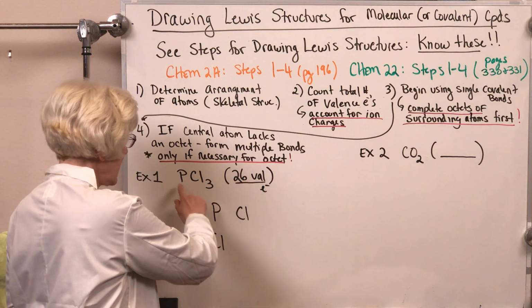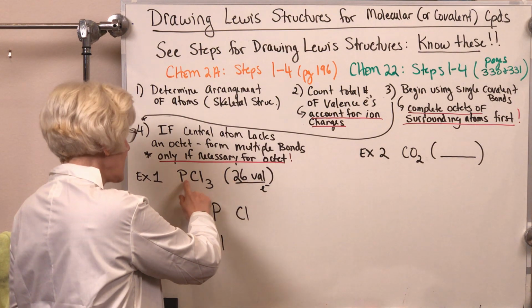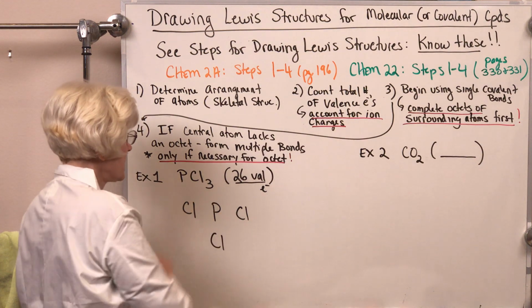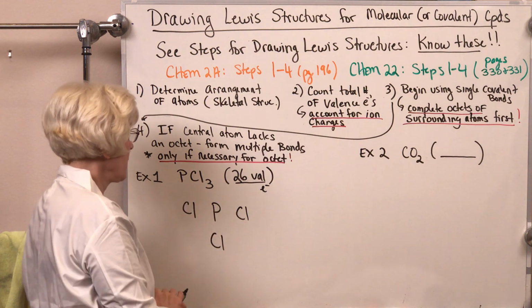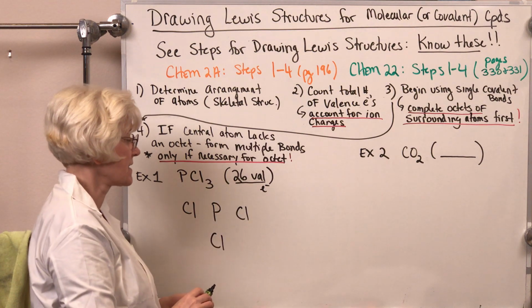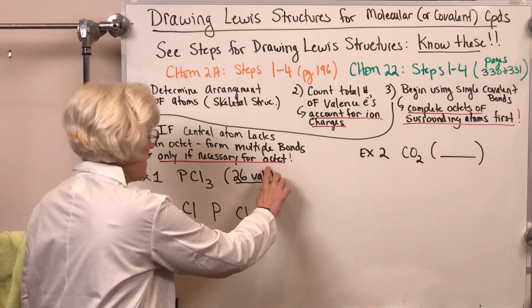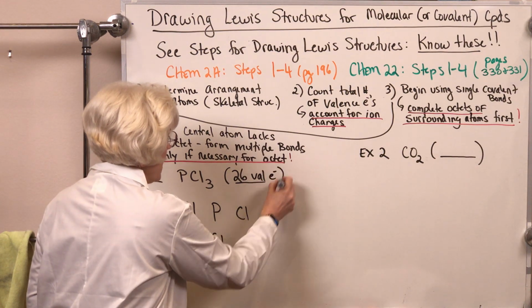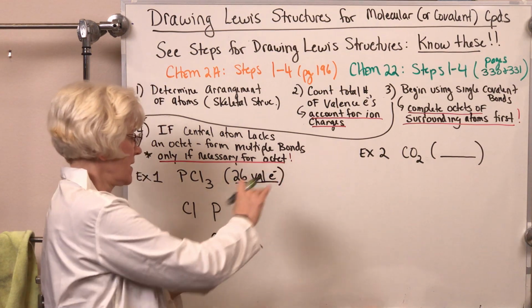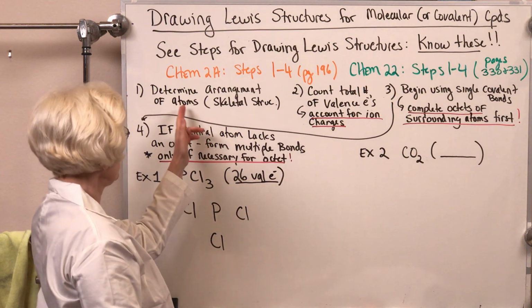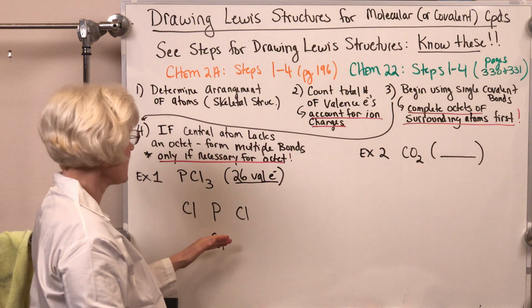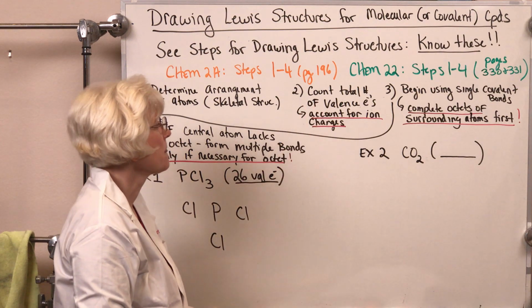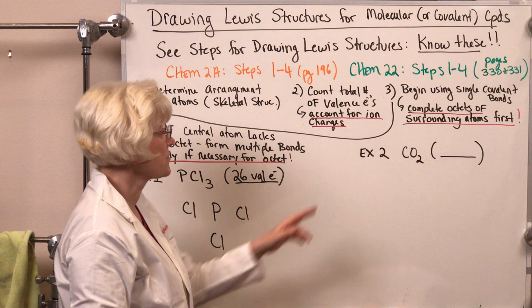So just checking again, phosphorus 5 valence electrons, each chlorine 7, 7 times 3 is 21, and 21 plus 5 is 26 valence electrons that we should be showing in our picture. And let me just move that so it's all in a line. Okay, so we've completed step 1. We have a skeletal structure, a bonding sketch. We've completed step 2. We've counted the total number of electrons.